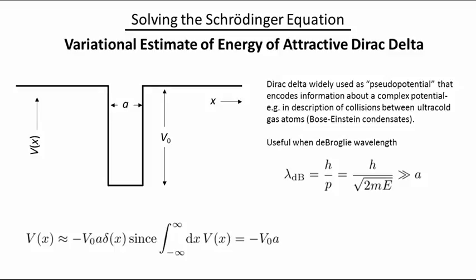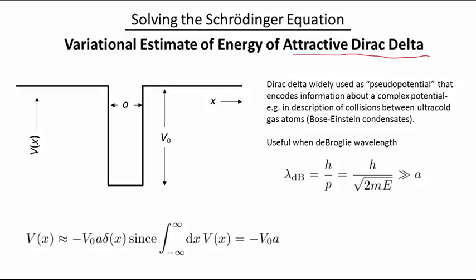Now, in one of the homework problems for last week, there's a variational estimate of the attractive Dirac delta function potential. I can see from responses on the student forums that some of you have a lack of familiarity with the Dirac delta function, which is fine.